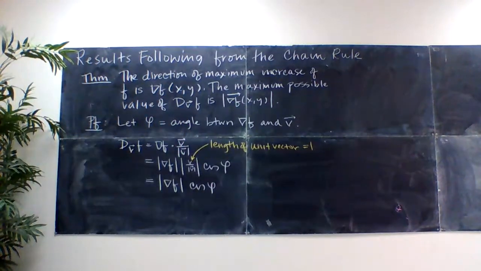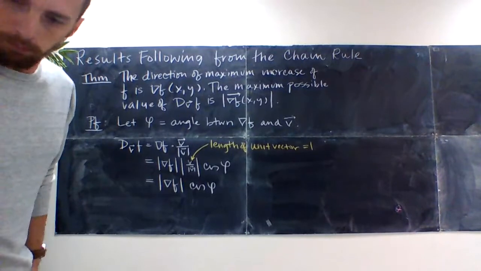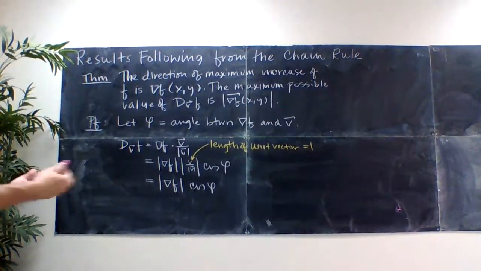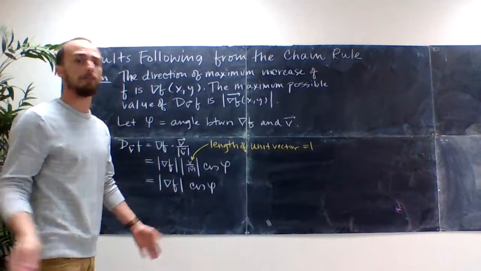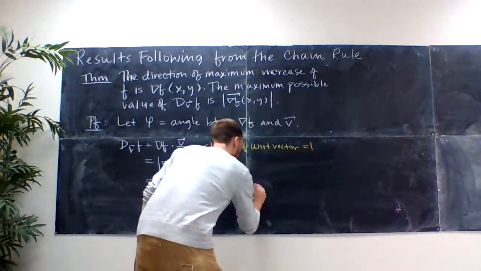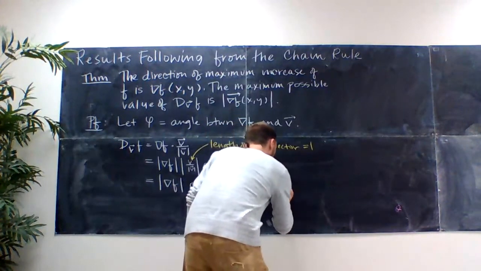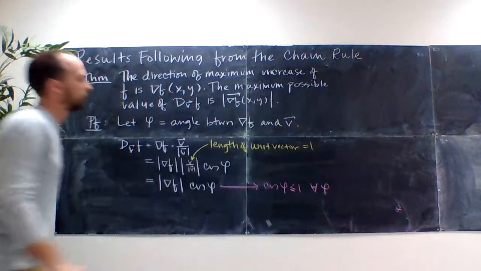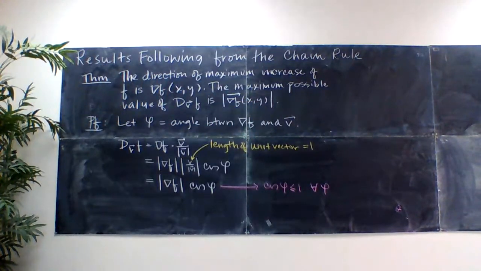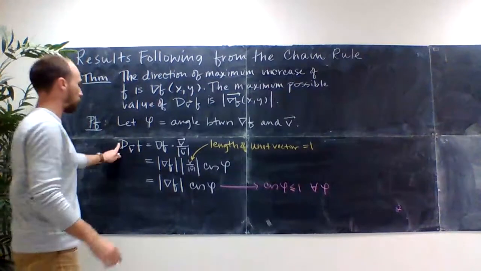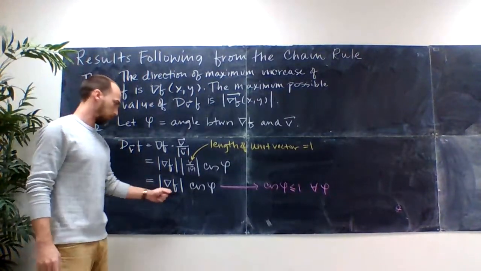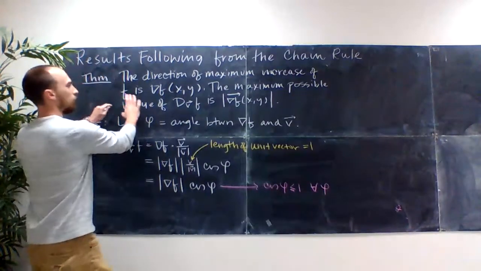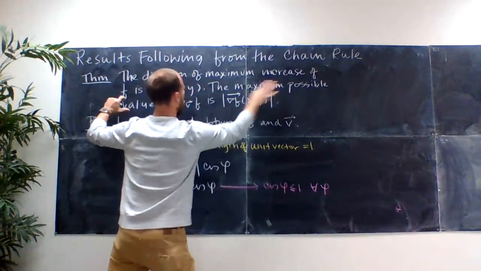I also know, from trigonometry class, that the maximum possible value of cosine of phi for any phi is 1. That means the maximum possible value of the directional derivative is the length of the gradient multiplied by 1, which was the second thing that I tried to show you.